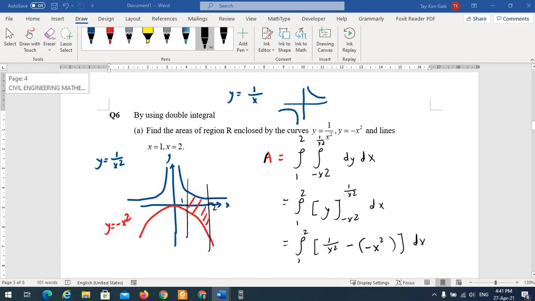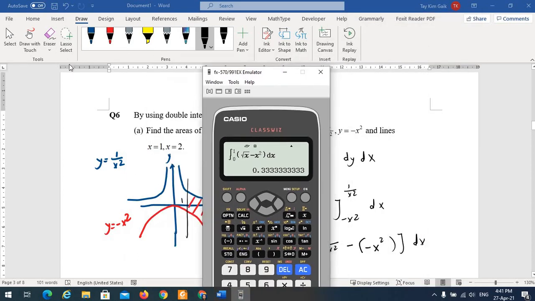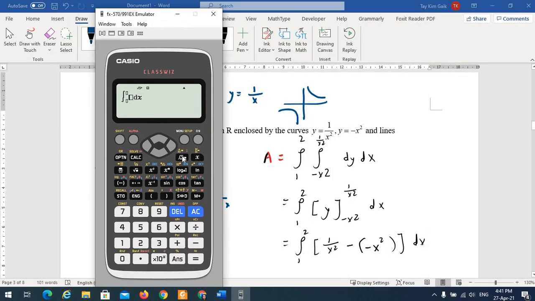Lastly, you can just use your calculator to integrate it. Integrate 1 over x squared, so negative negative is positive, so plus x squared, integrate x from 1 to 2.